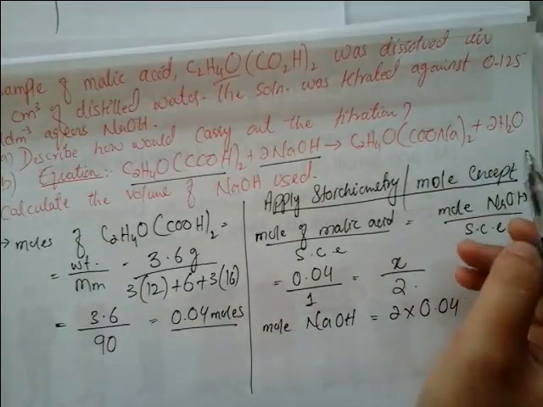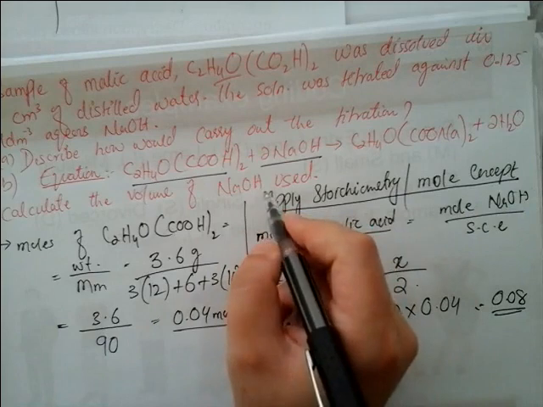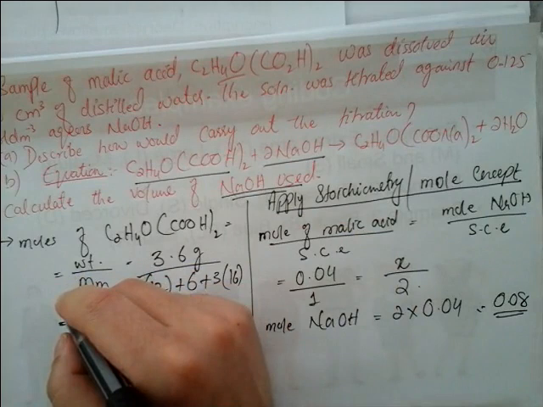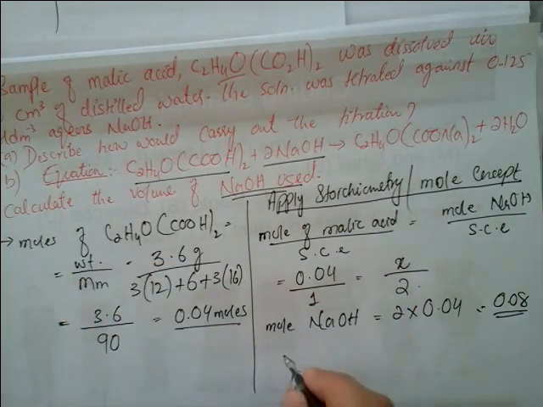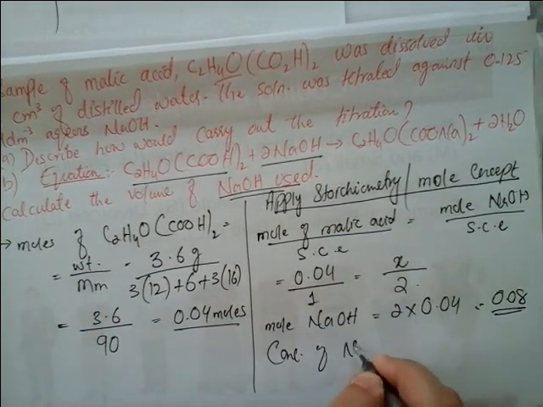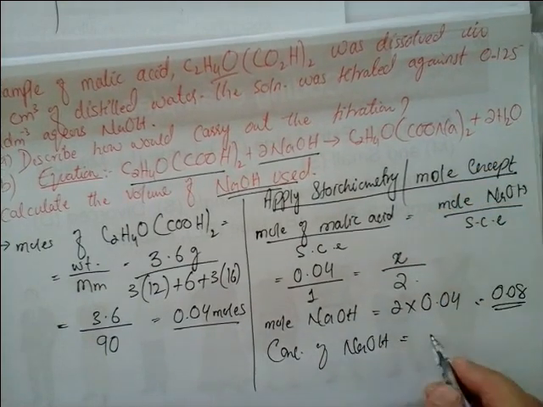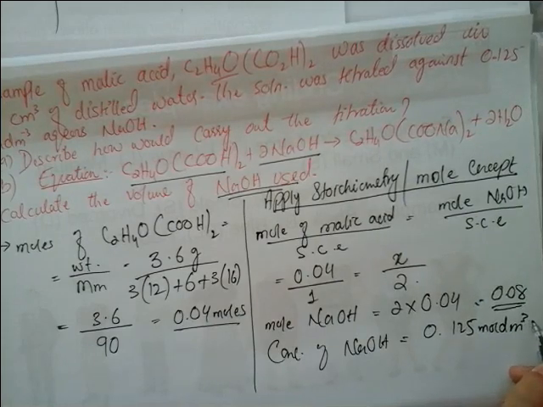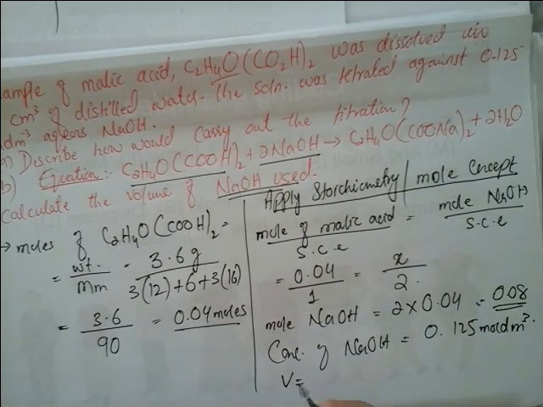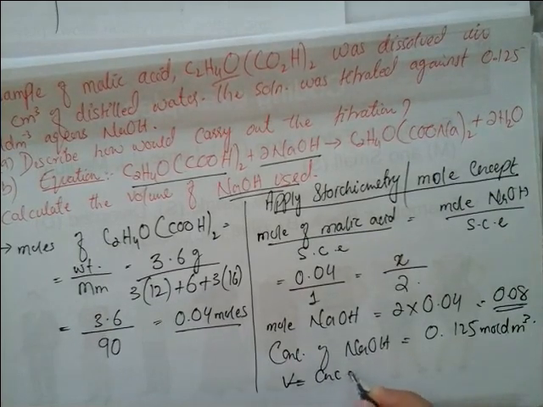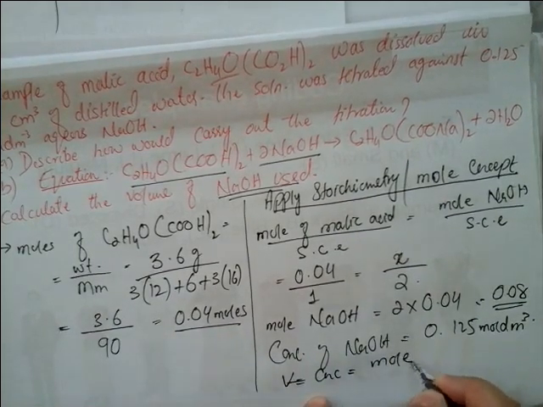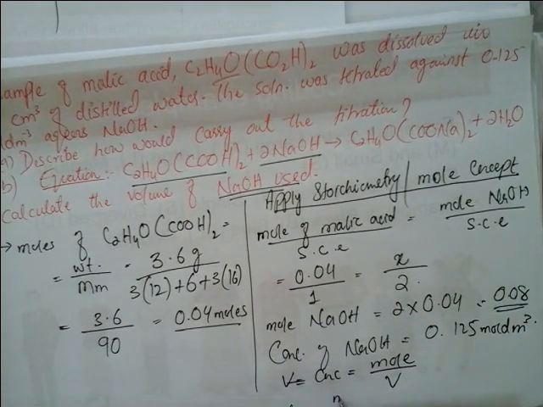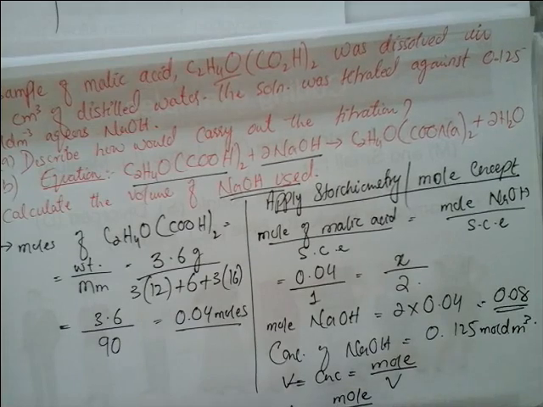Now here they say that we have to calculate the volume of sodium hydroxide used. So the concentration of sodium hydroxide, as given in the book, is 0.125 mole per decimeter cube. So volume is very easy. We know that concentration is equal to moles over volume. So volume would become moles divided by concentration.